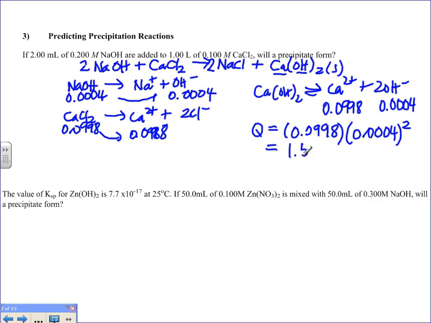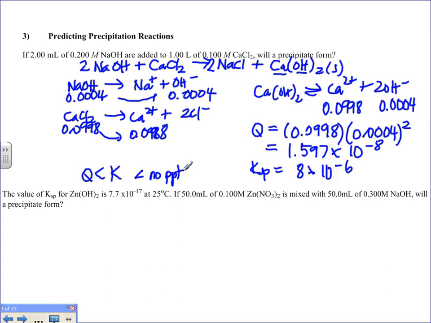And I am left with 1.597 times 10 to the negative 8. Now the Ksp for this reaction, which you can look up, is equal to 8 times 10 to the negative 6, so our Q is less than our K. Therefore we get no precipitate.